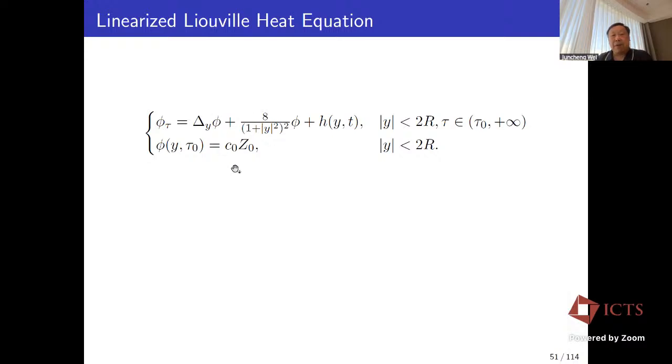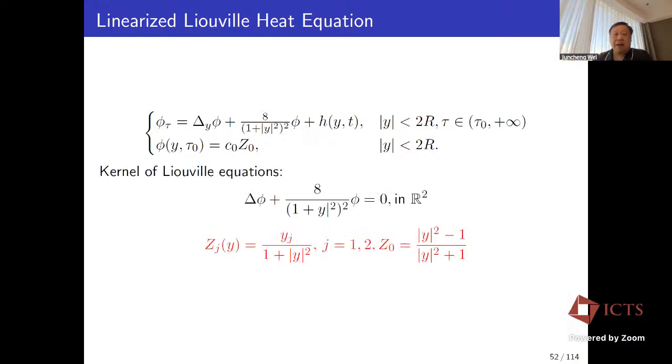Now in this problem here, we need a good linear theory to solve. This problem is worse than the other ones in dimension 3 and dimension 4. The reason is that this kernel here, the translation kernel, is not L2, and the Z0 here is just bounded.